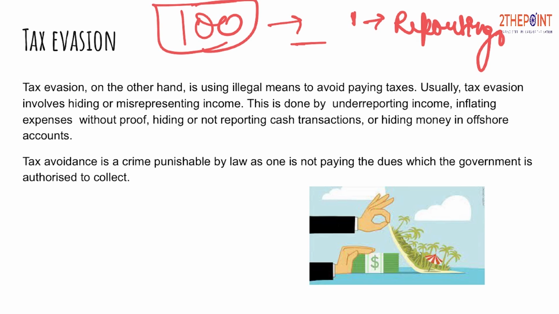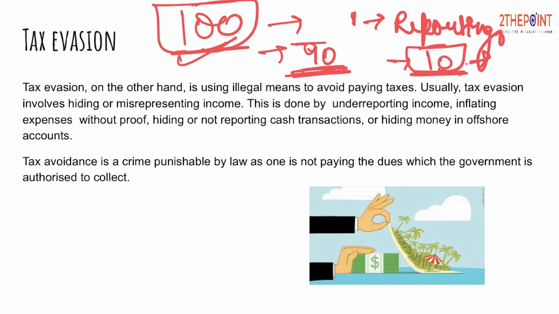Another way could be, let's suppose your income is 100, and you show that to earn this income your expenses incurred were 90, so actually just 10 rupees is what is left with you. On this 10 only, the government will come and ask for income tax, whereas your income was rupees 100, but you overinflated your expenses and showed that it was rupees 90, whereas in actuality there were no expenses and you had 100 as your whole income.